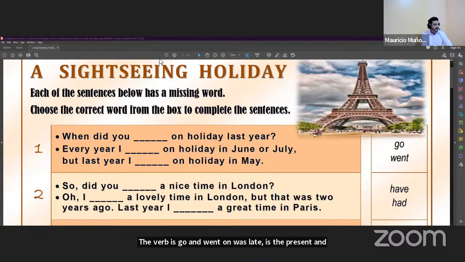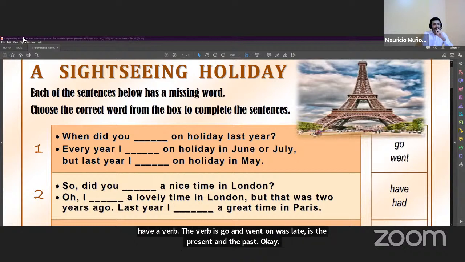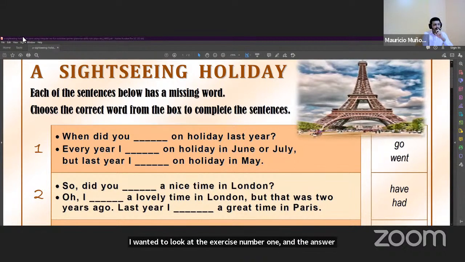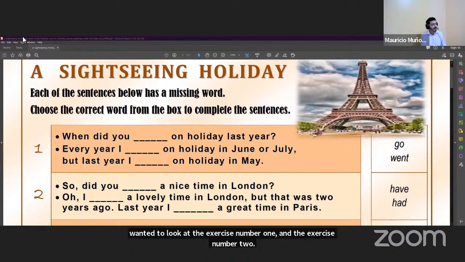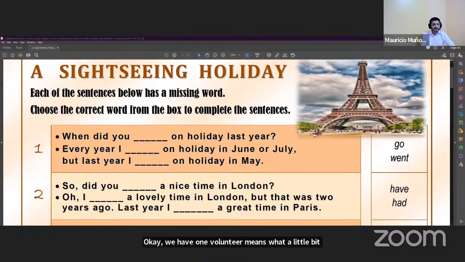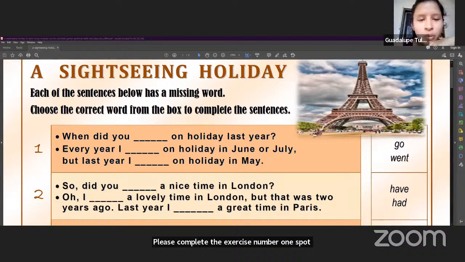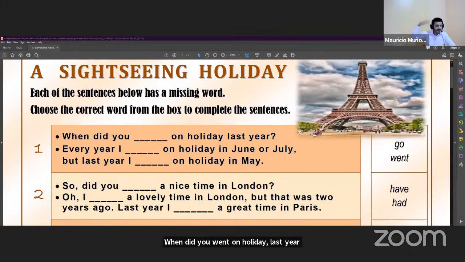I want you to look at exercise number 1 and exercise number 2. Okay, we have one volunteer. Miss Guadalupe, please. Complete exercise number 1. When did you went on holiday last year? Go on. Siga.